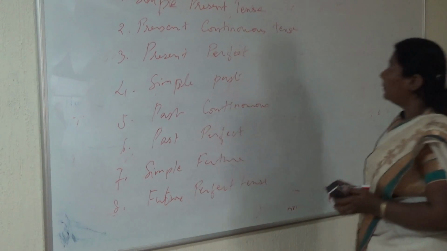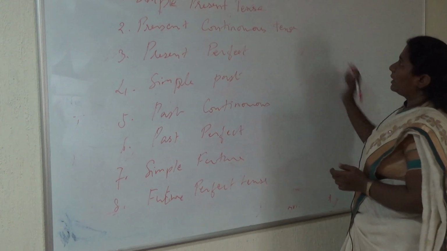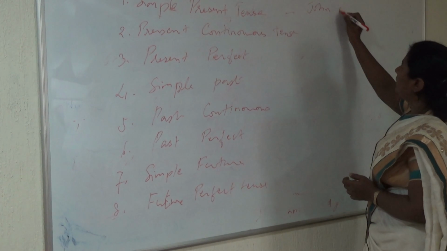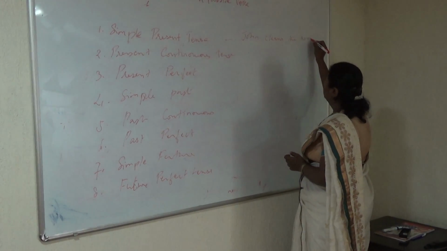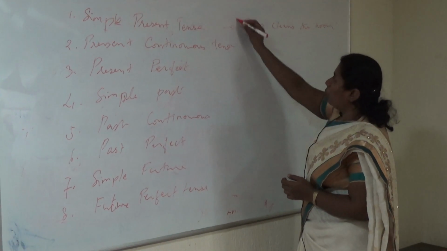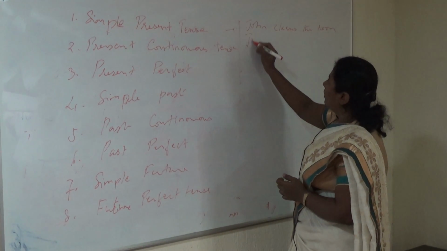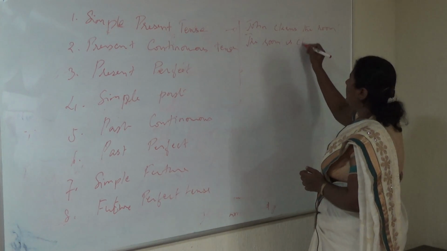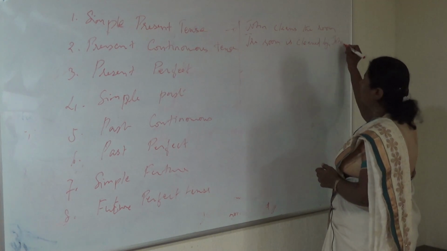Let us take a simple sentence to change from active to passive voice. John cleans the room. Simple present tense. When you change the sentence to passive voice, the room is cleaned by John.